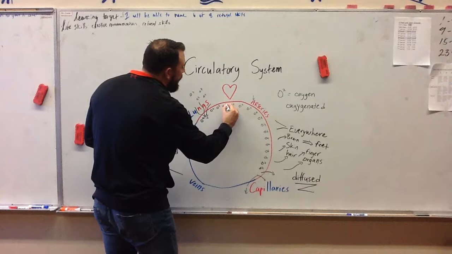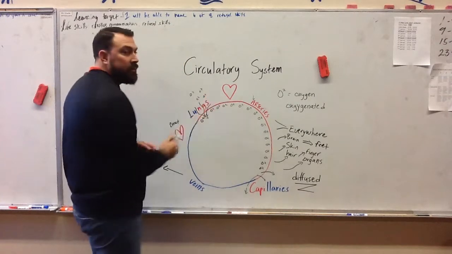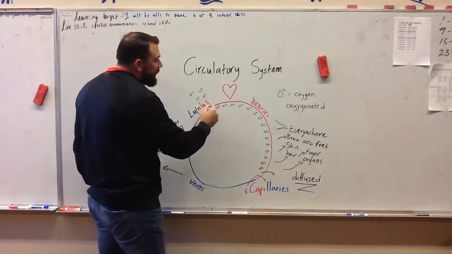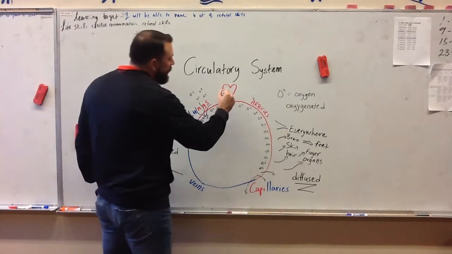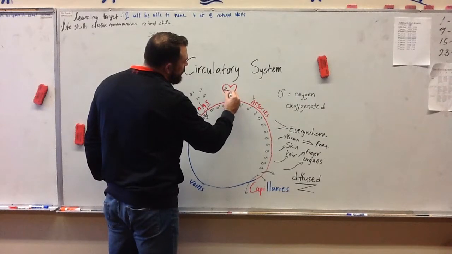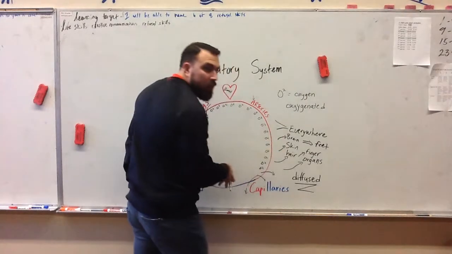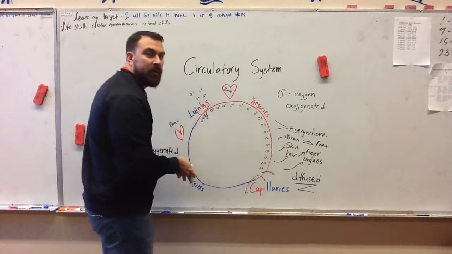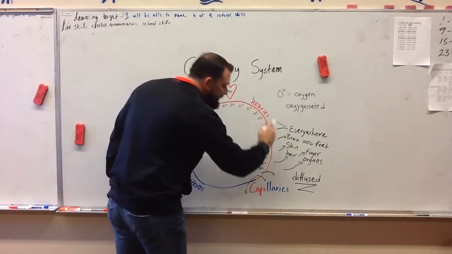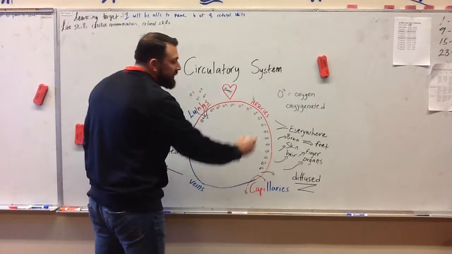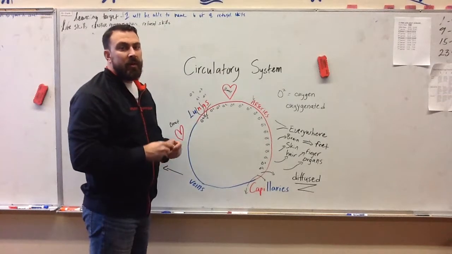And I'm going to have oxygenated blood again. And then after it goes from the lungs, it goes back to the heart for another boost. And then it goes out through your entire system again. Alright, so that is basically your entire circulatory system.